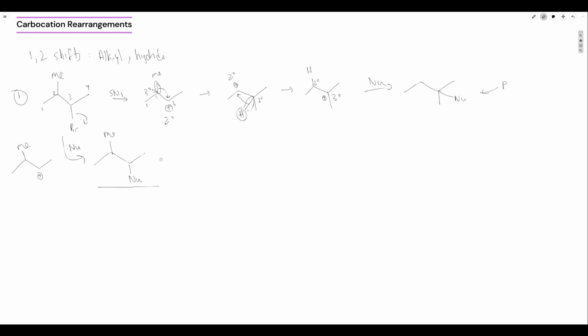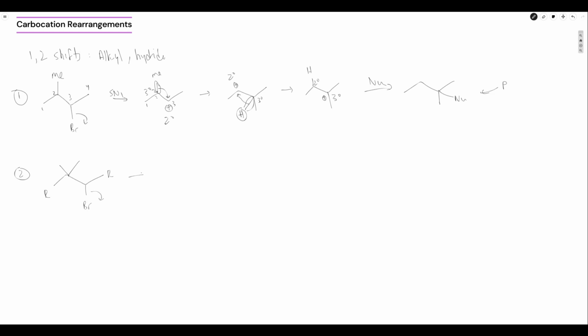So let's give another example. Something that is usually on undergraduate level exams. And that would be something like this. Anything with this type of system. You can have anything on this side or on this side.